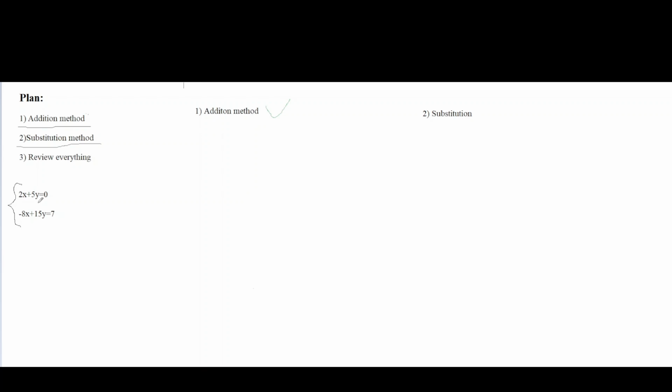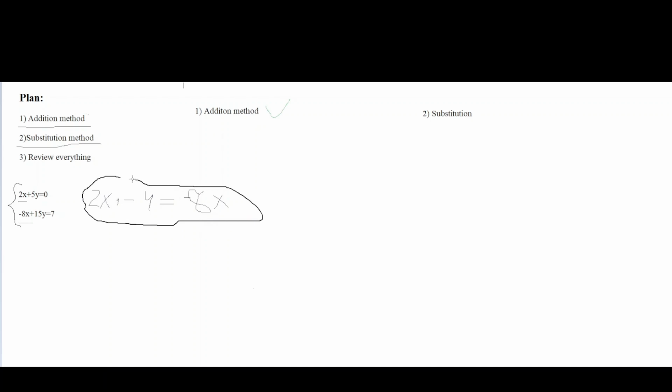And then basically, the addition method, what does it mean? When we're making our x's or our y's similar. So here, as you can see, in order to make 2x similar to minus 8x, we just multiply 2x by minus 4 so that it becomes minus 8x. Basically like that.